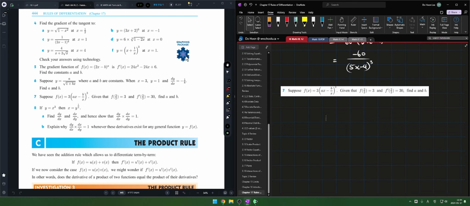All right. Before we even start this question, what do you feel? We're supposed to find a and b, and we have two pieces of information. What does that sound like? I'm looking for two things, and I'm given two hints. What is that?